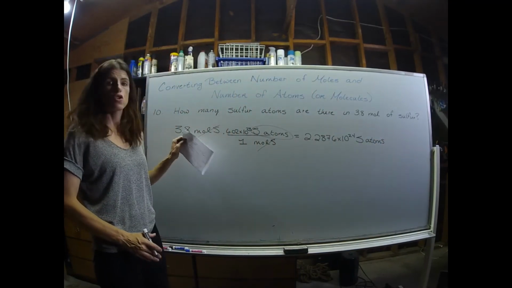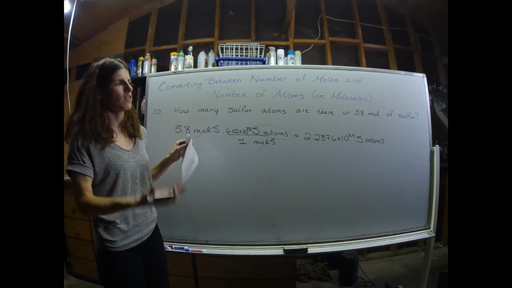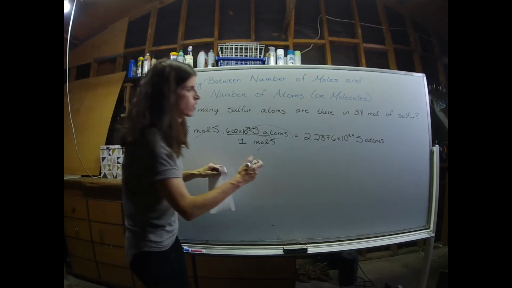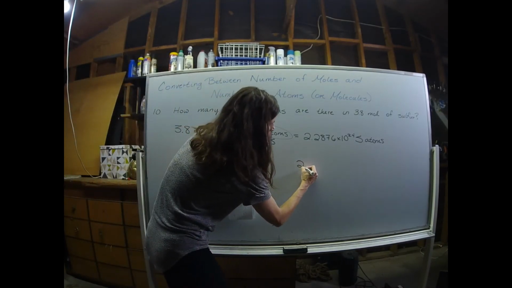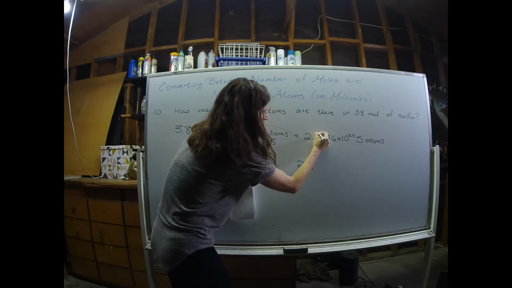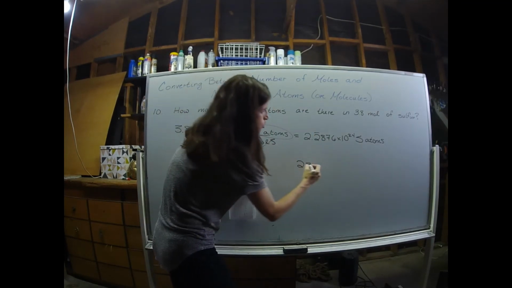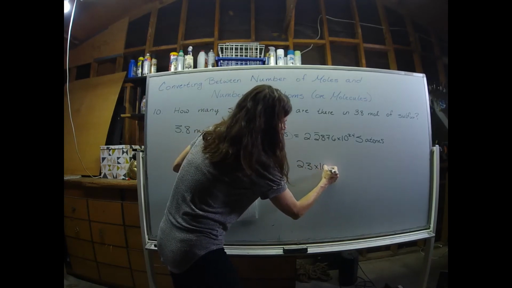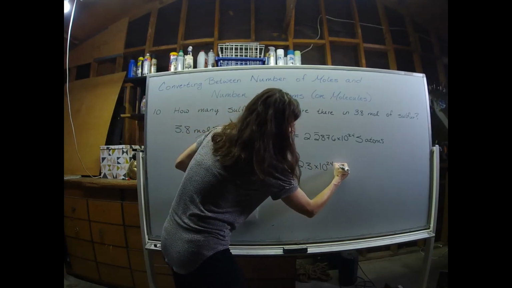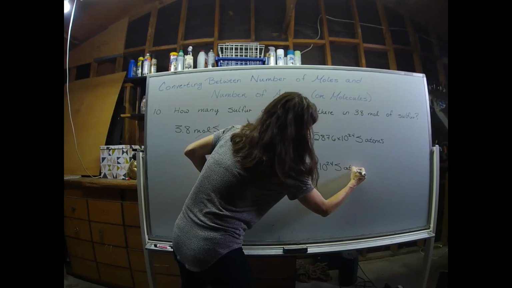Now, just 2 sig figs with the value that they gave us. So we're going to report this as 2.3 because I need to round up. The 2 is followed by an 8. So 2.3 times 10 to the 24th sulfur atoms.